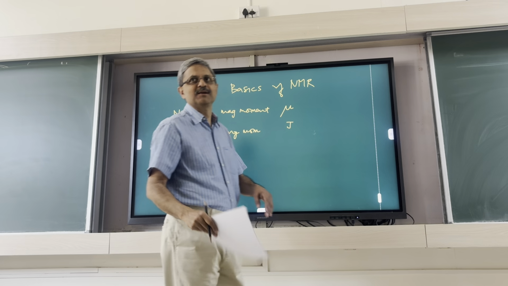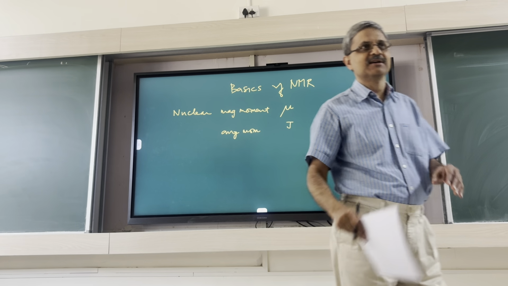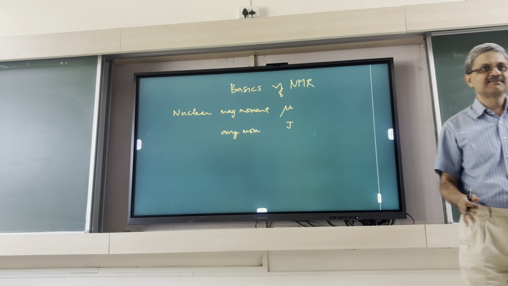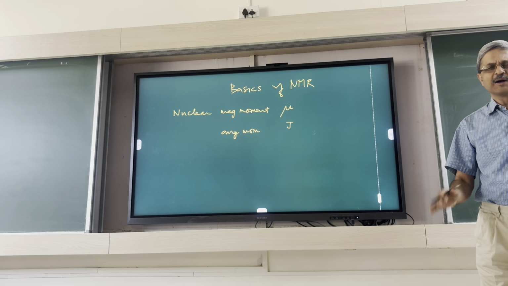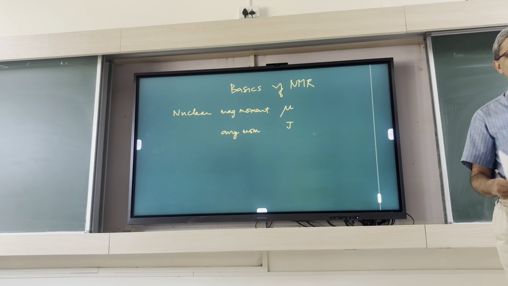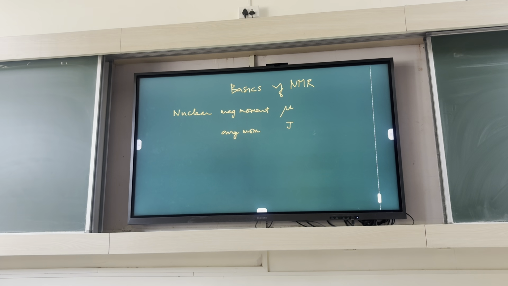In general, they are proportional and opposite. Maybe it depends on the sign of the charge, etc. But what is the proportionality constant called? So it's called gyromagnetic ratio.